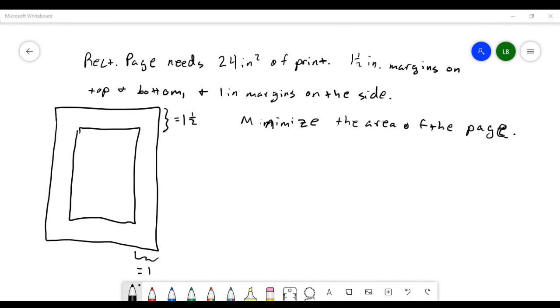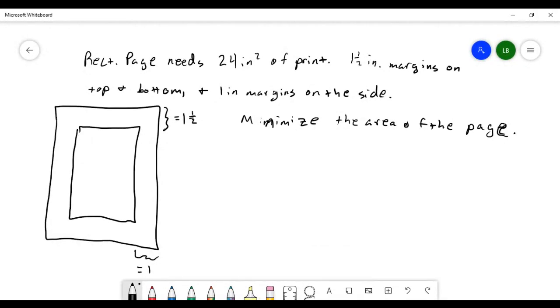What did you get for your primary equation? Not quite. In this case, let's see, the 24 is our constraint, right? Actually, yeah, 24 is our constraint because we're trying to minimize the total area of the page.